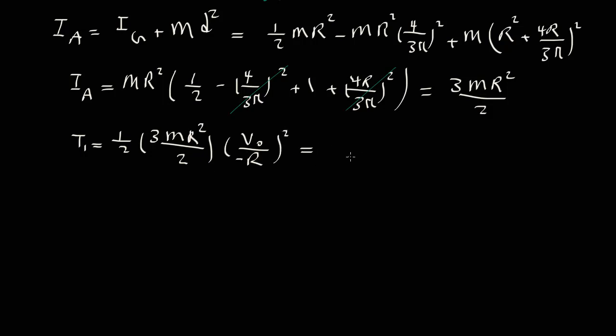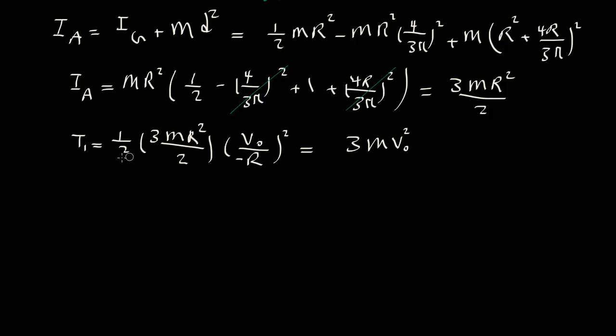So we are going to have 3m V naught squared, and actually the R also cancels out, so we don't have any R here.